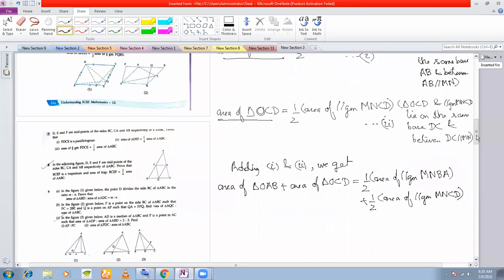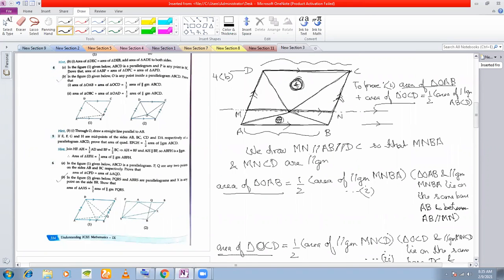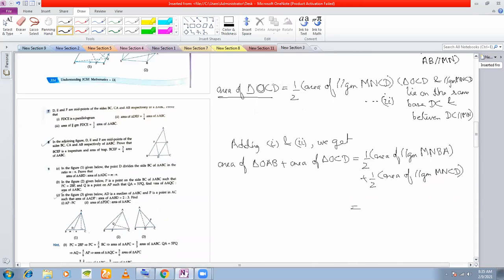Now we already have the left hand side here, right? Area of triangle OAB plus area of triangle OCD. We only need to show that the right hand side, half of this parallelogram plus half of this parallelogram, is equal to half the area of parallelogram ABCD.